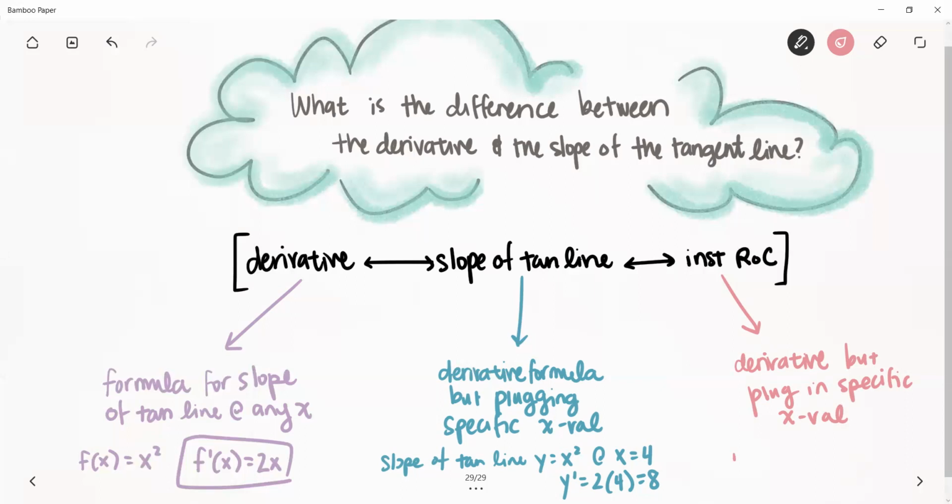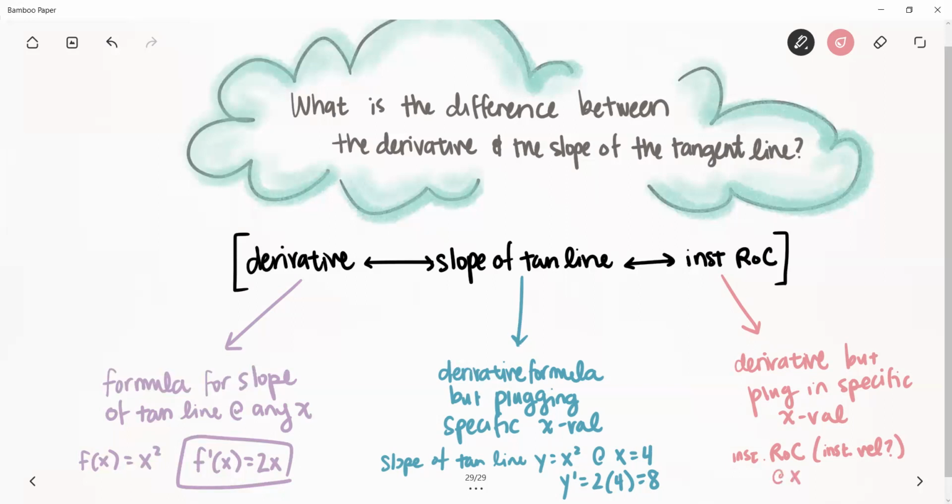So if you were asking for the instantaneous rate of change, or maybe a better example is like an instantaneous velocity or an instantaneous acceleration. You're like, okay, I'm going to take my derivative and I should have been given an x value.